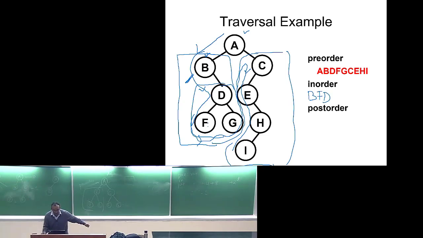F, D, G, getting it, right? And then A, all right? And now in order traversal of the right subtree, where for this guy I don't have any left subtree, so I can take it, okay, E, and I'll do in order traversal of the right subtree for this one, which is I, H, and then C. Kind of, I mean, I should not be calling it math, but yes, I hope I got it correct, right?